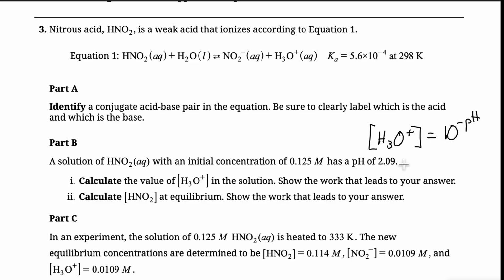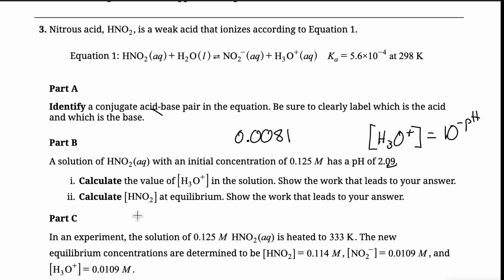So if we have the pH, we can just plug it in to get our concentration of H3O+. And then putting that into my calculator, I get about 0.008 following sig figs, because for pH, sig figs only count after the decimal point.